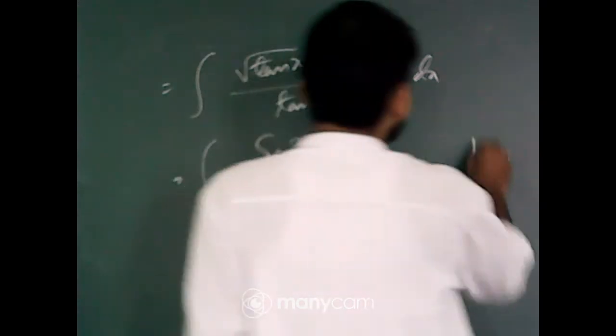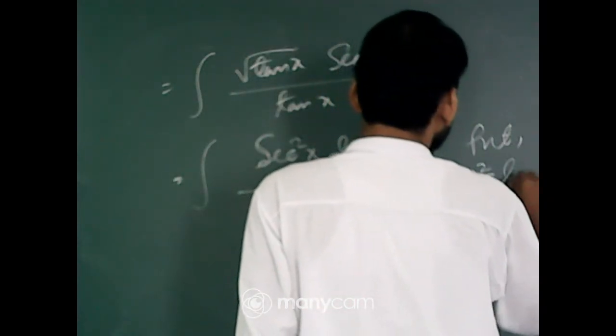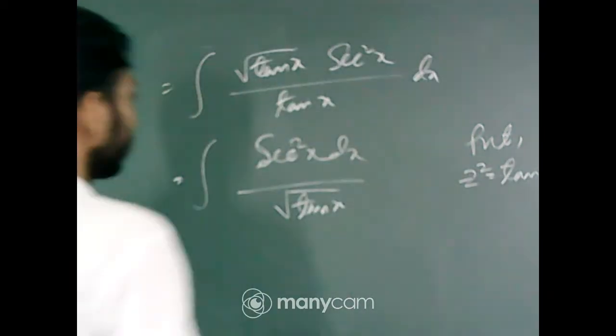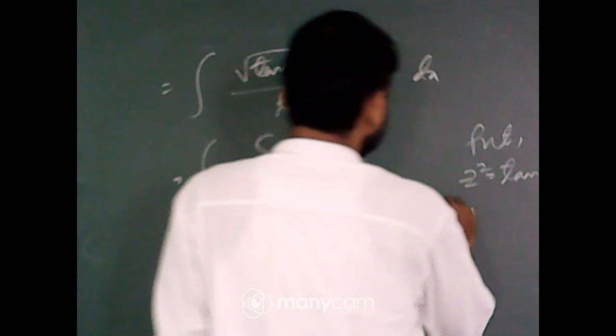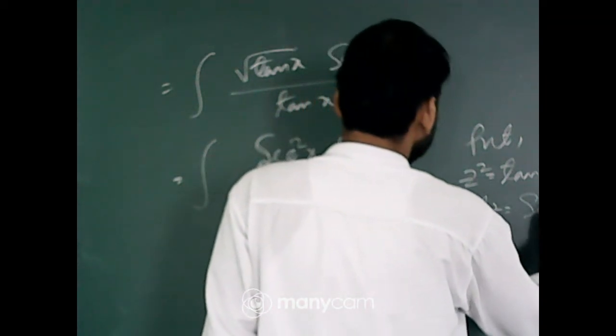So here we will put z square equals tan x. That means 2z dz equals sec square x dx.